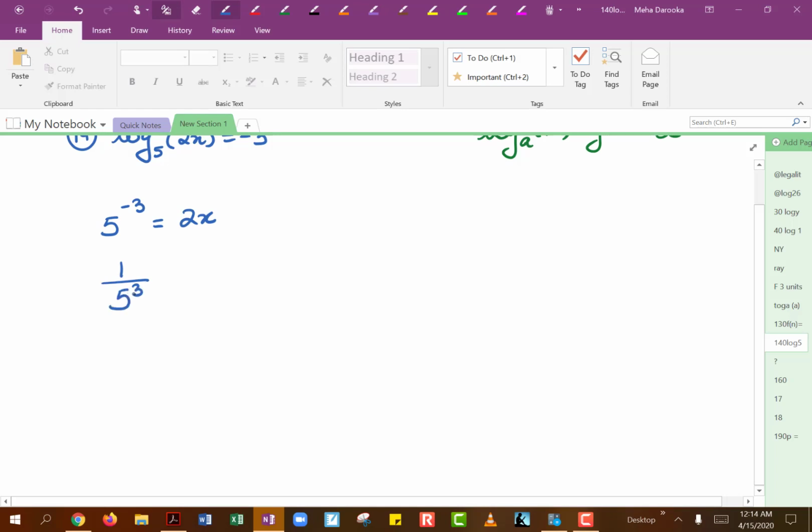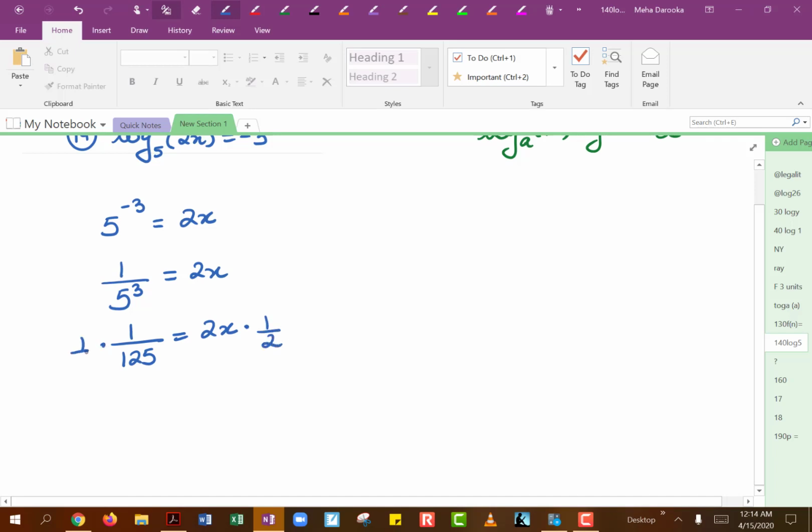Now when you multiply 5 times 5 times 5 into itself, you should end up getting 125. So this will become 1 over 125, and then you've got 2x on the other side. Now you can either divide this by 2, or you can think of multiplying both sides by 1/2, which is the same thing, because my 2 and 2 will cancel out here.